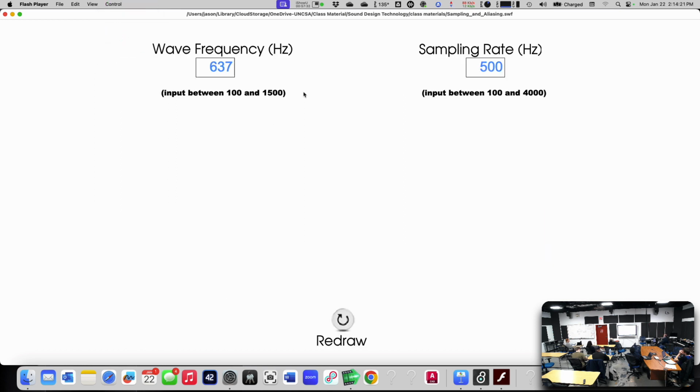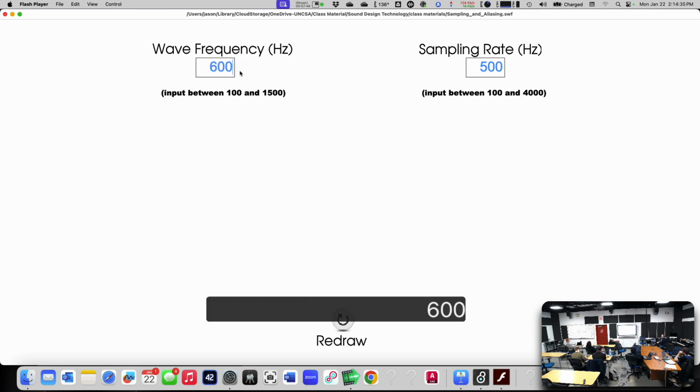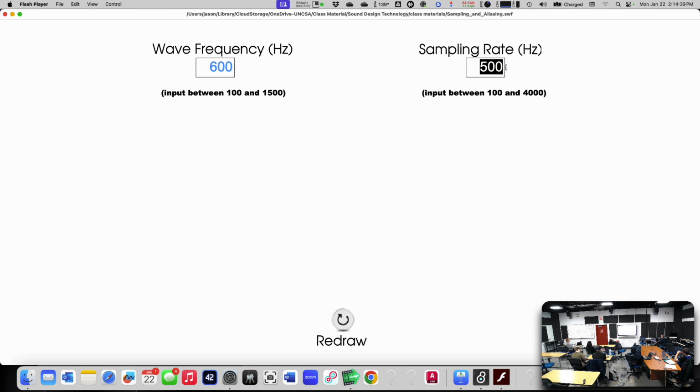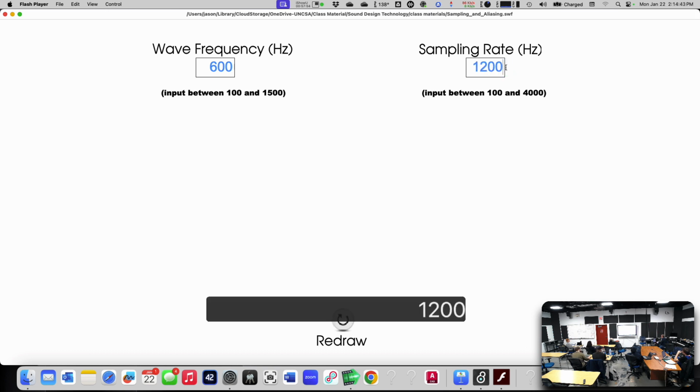Okay, so the rule of thumb here is called the Nyquist theorem, which basically says that your sampling rate needs to be twice as much as the frequency you want to encode. Okay, so if you want to encode 600 hertz, then you need a sampling rate of at least 1200.